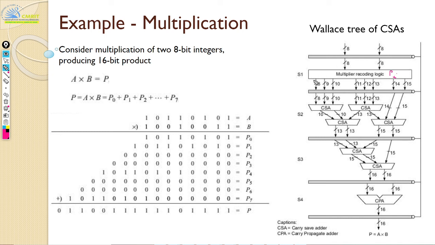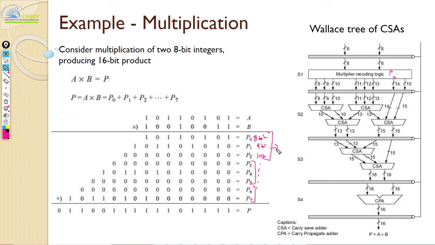Now what do you do? Remember, this is your 8-bit number, this is your 9-bit number, this is your 10-bit number, and so on, right? So you group these three together, and then you group these three together, and then finally you're left with only two.